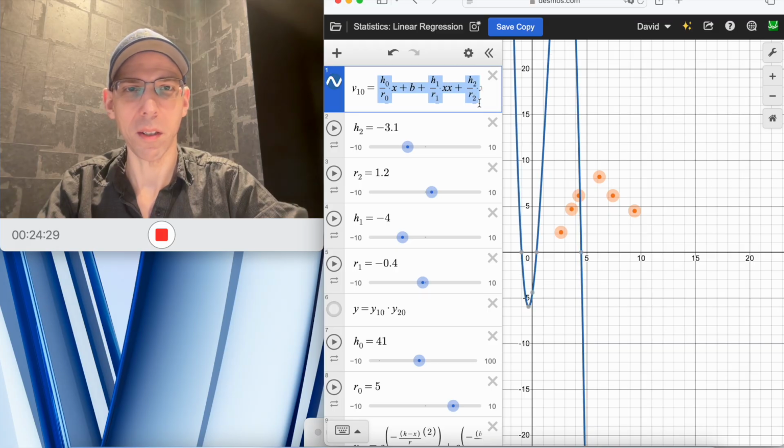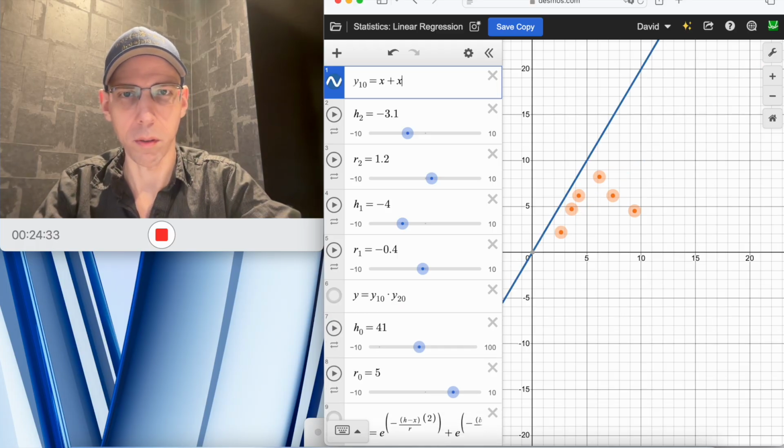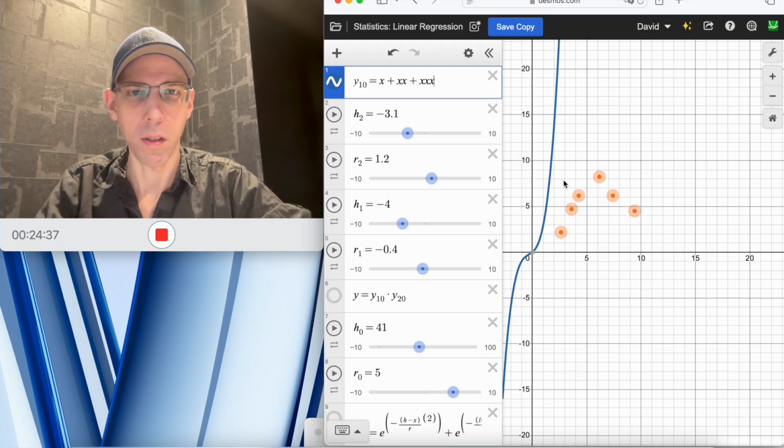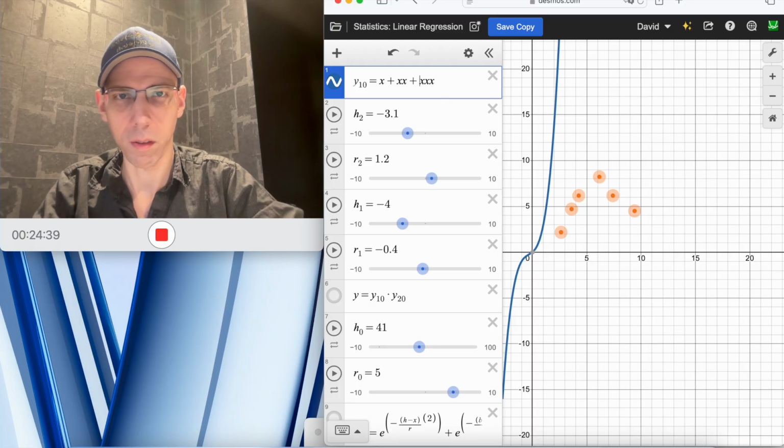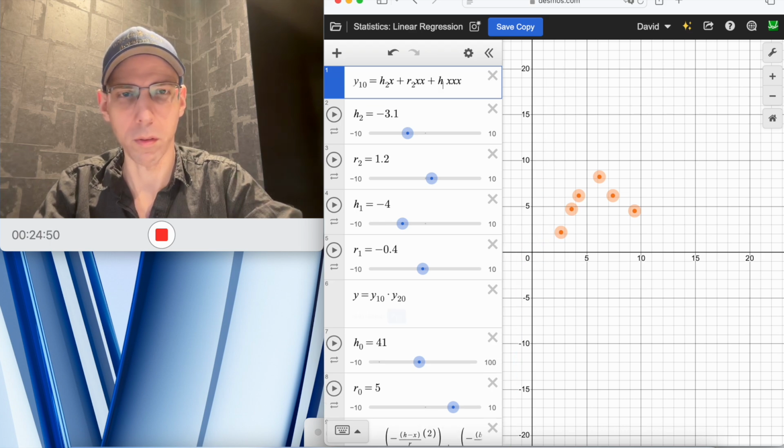The point I'm trying to get across is this x plus xxx plus xxx gives us this, and h2, r2, and I'm just randomly putting these things here just to make a point.